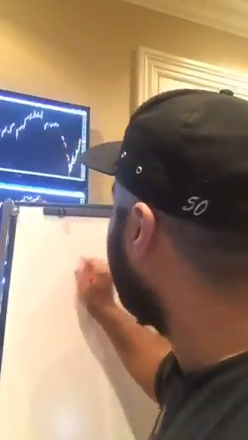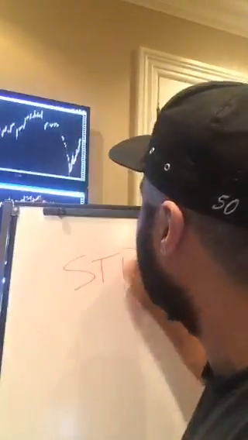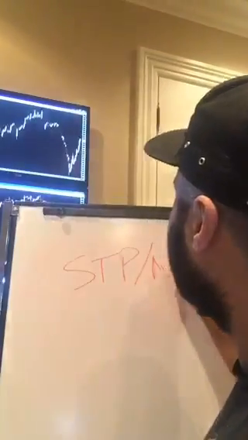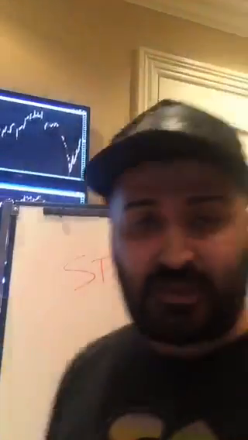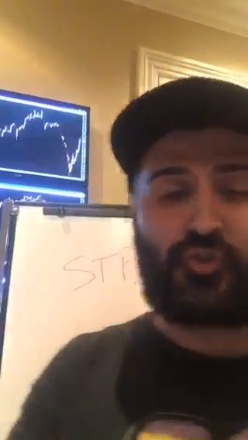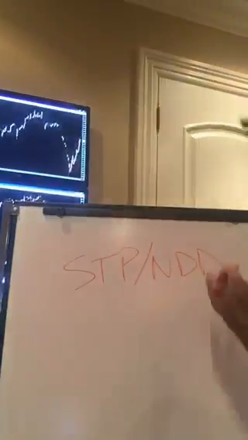The brokers you want to use are any brokers that say they are STP or NDD. STP stands for straight through processing. NDD stands for no dealer desk.